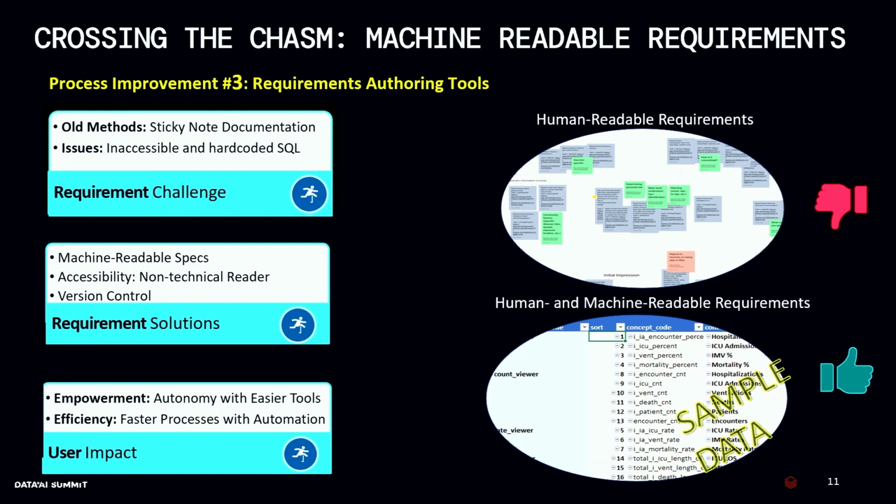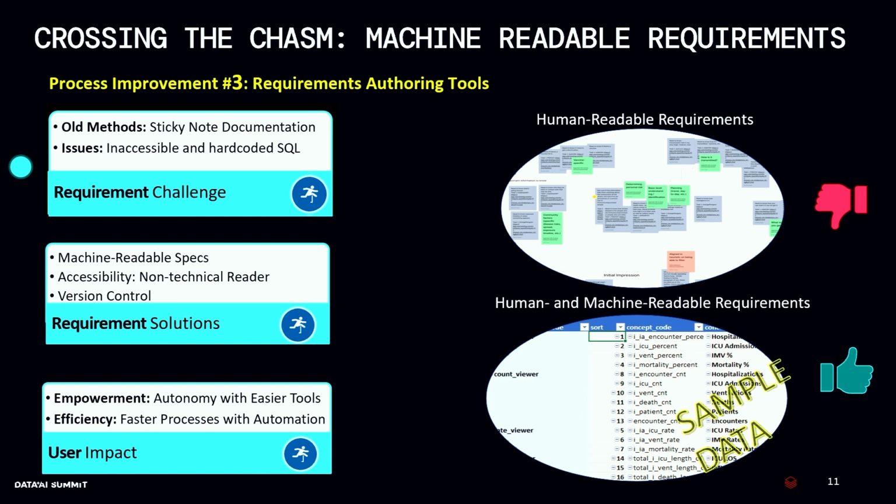Process improvement number 3 was machine readable requirements. This is a real challenge because the way that people typically do these is with sticky notes, and then if they're adept at SQL, they'll just put the requirements right in the SQL that they write.